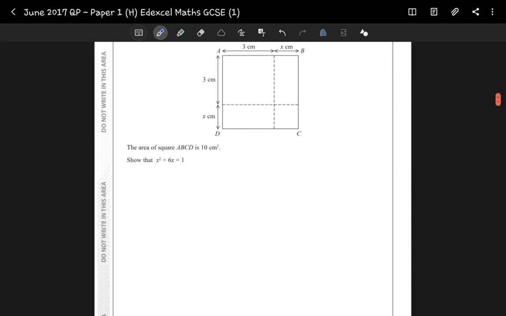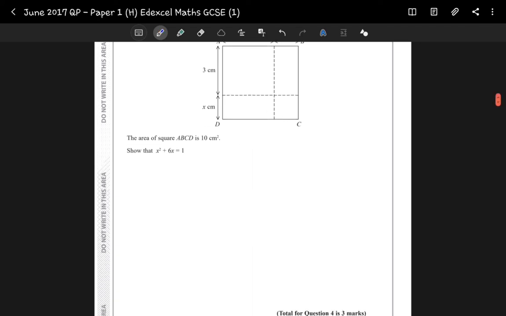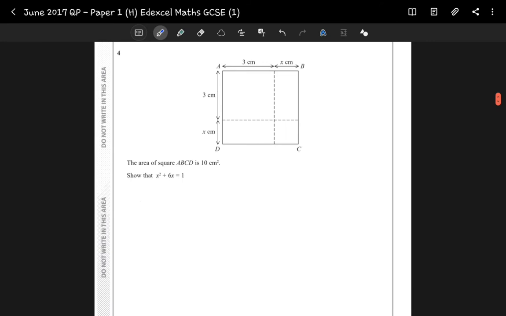So in other words, what we notice, by the way, is 3 centimetres plus x, 3 centimetres plus x, they're both actually the same, and they should be the same because it's a square. So we can actually write this in terms of powers. We can write (3 plus x) squared.